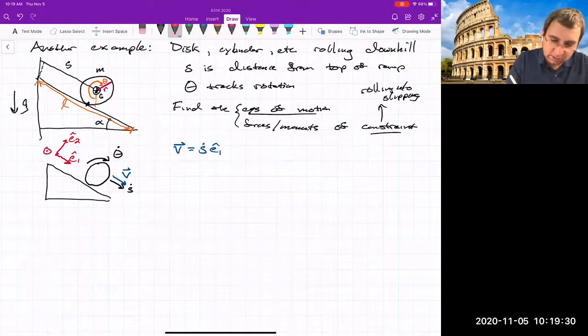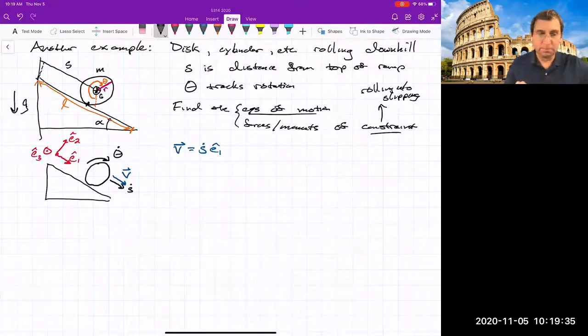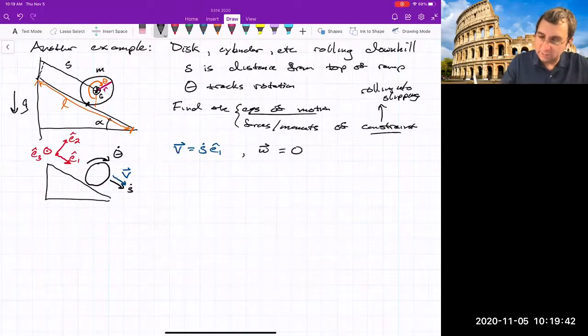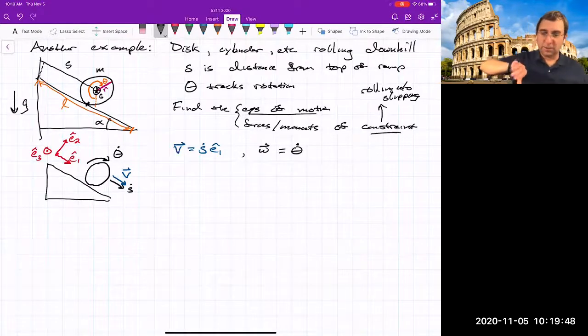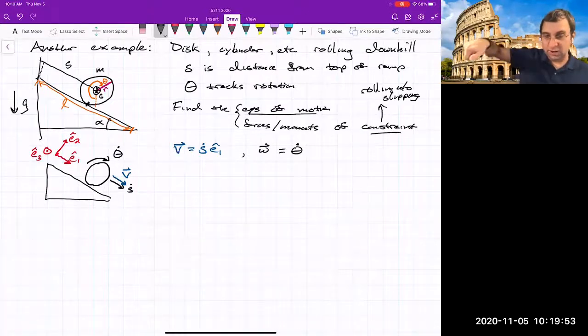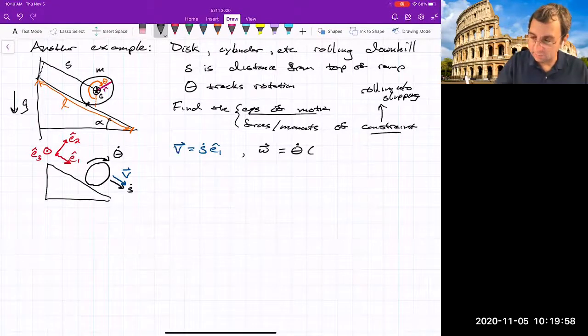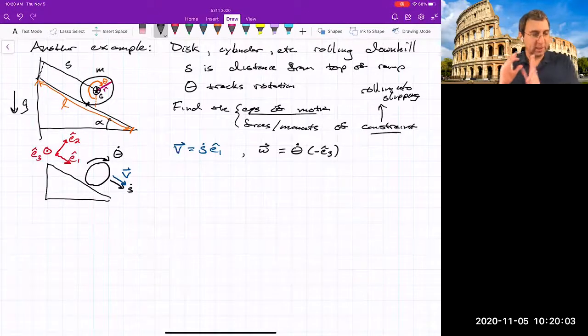E1, E2, E3 is actually coming out of the screen. It's rolling with an angular velocity that has a rate of theta dot, but what is the axis? Using the right-hand rule, as theta dot is increasing the way I've drawn it here, my thumb is pointing into the screen. So this is in the negative E3 direction. So I've got the translational velocity and angular velocity.